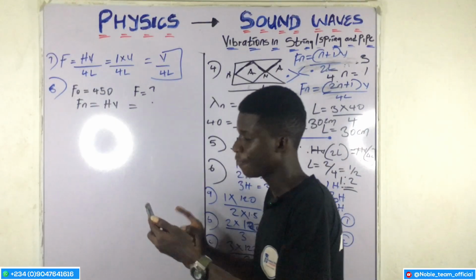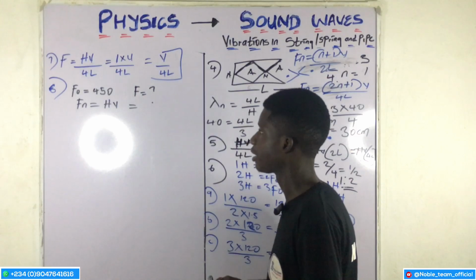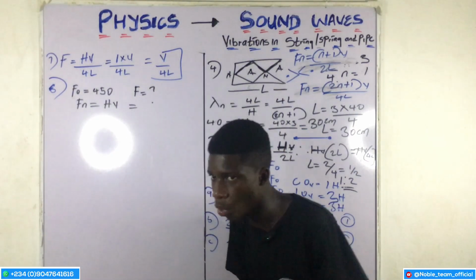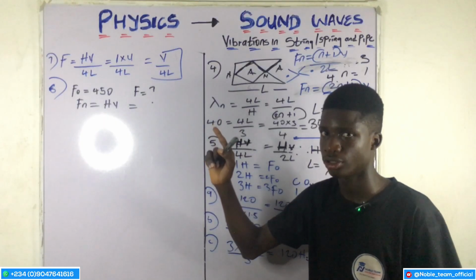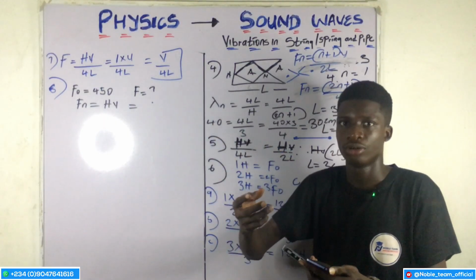Now my fifth overtone is equivalent to what? Sixth harmonic, because overtone is the next higher level.